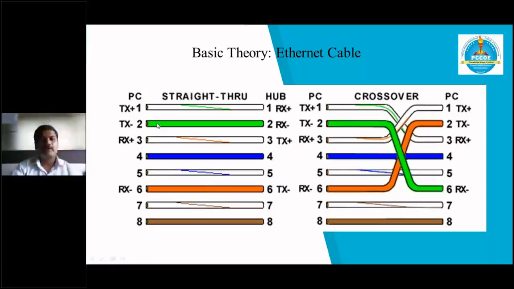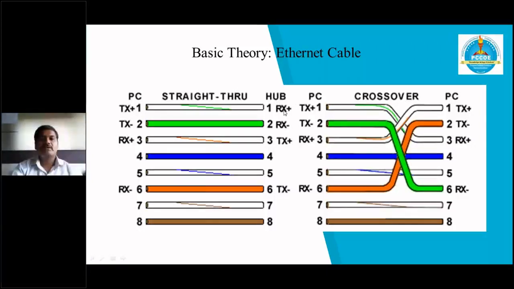If you observe the colors, green white and green, and orange white and orange, these are the 2 pairs of colors used. So out of 8, only these 4 cables can be used: first for transmitter positive, second for transmitter negative, third for receiver positive, and sixth for receiver negative. In the same way, if I am sending on the first cable for transmission, on the hub the same one can be used for reception positive.